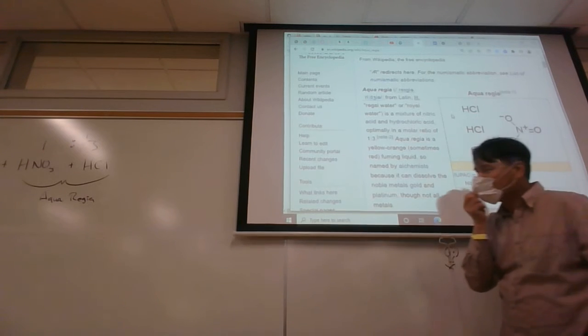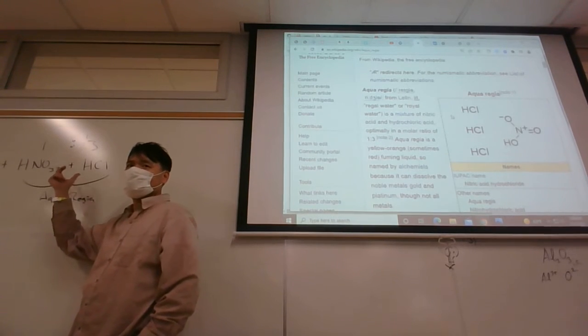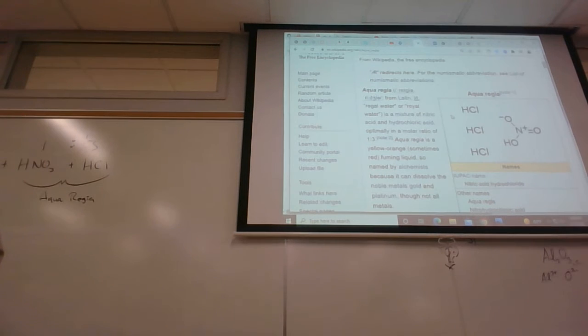But the funny thing is neither of these act as an acid. And if you look at their chemical roles, this is it. Aqua regia, the nitric acid, is not acting as a strong acid. This is acting as an oxidizer. But there's no way that this is strong enough to oxidize gold.